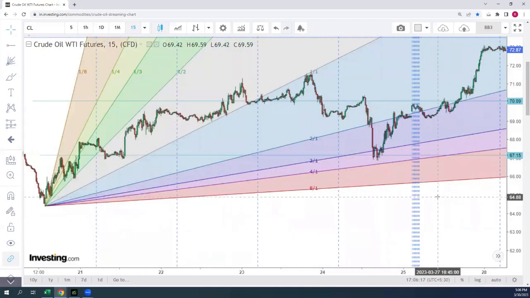There is a demand zone. So Gann, Fibbo, supply and demand. These three are what I used exactly to make 40% profit for the last week.